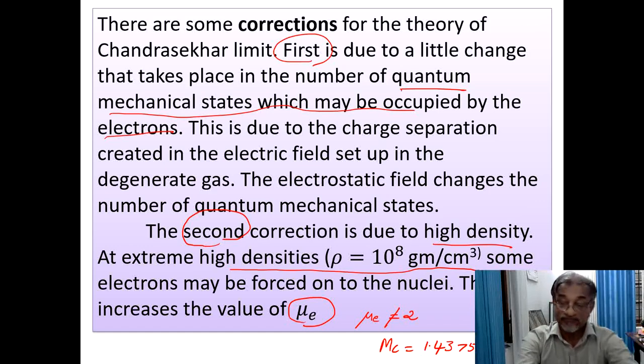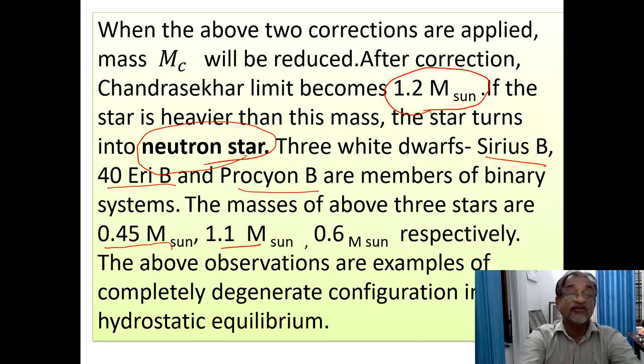And when the above two corrections are applied, mass Mc will be reduced. And this 1.4 M sun becomes about 1.2 M sun. If the star is heavier than this mass, the star turns into a neutron star.